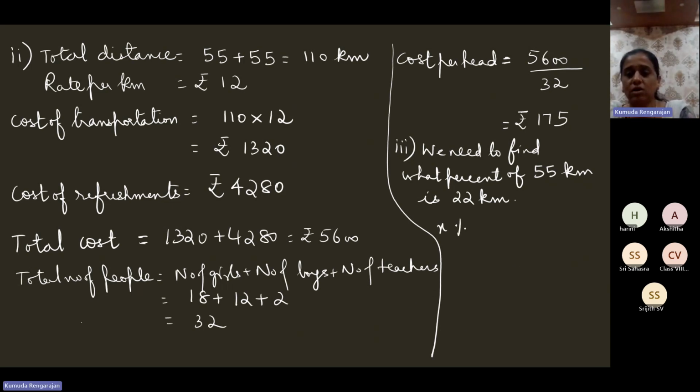X percent of 55 kilometers is 22 kilometers. If you take 55 as the total distance, what percent of 55 is 22? That is what we have to find. So we'll assume X percent of 55 is 22.